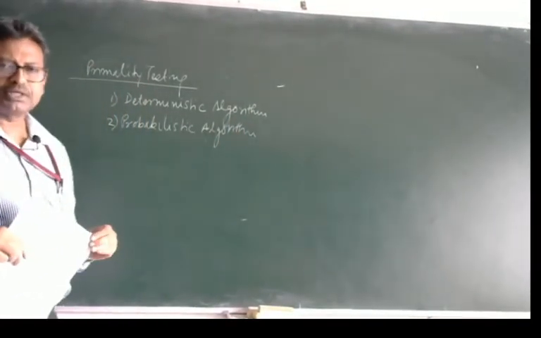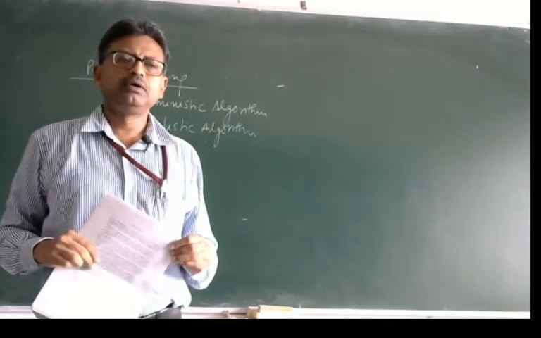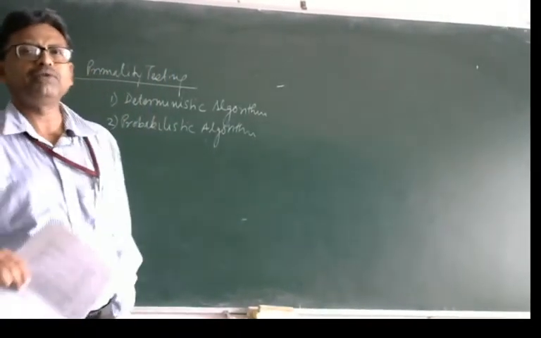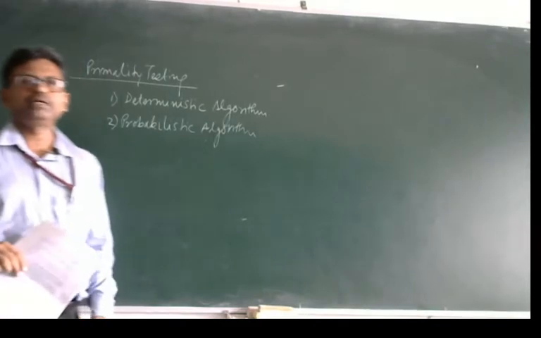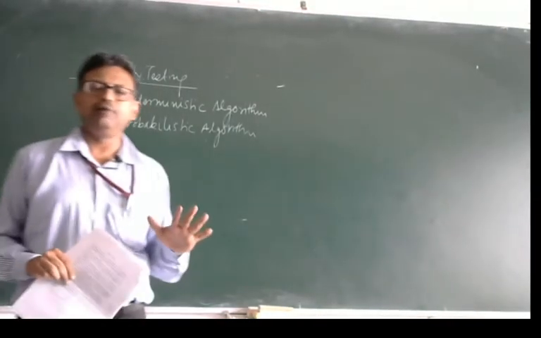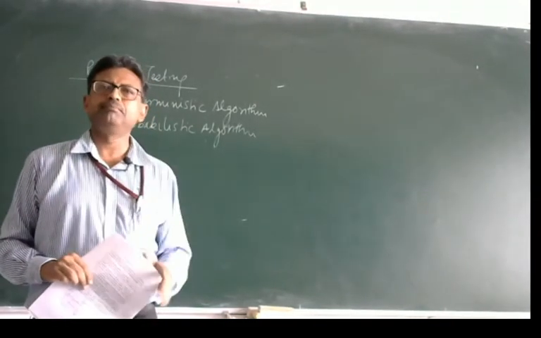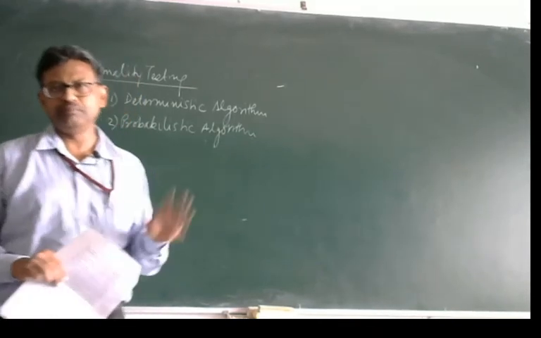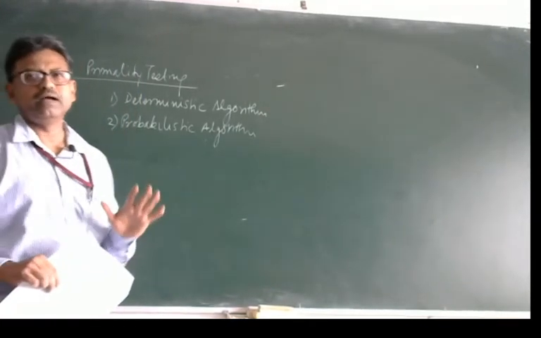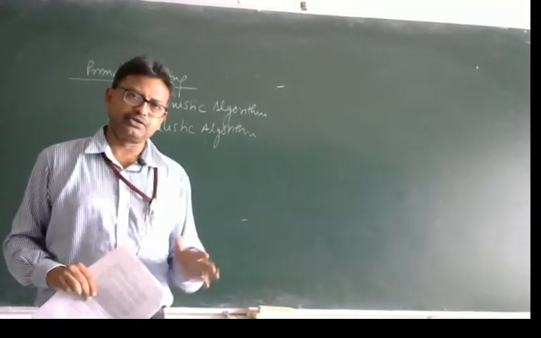A deterministic algorithm is a kind of algorithm in which it is sure that the number which is tested will give you the correct result, in the form that the number is a prime number or the number is a composite number. It means there is a guarantee that you will get a correct answer.